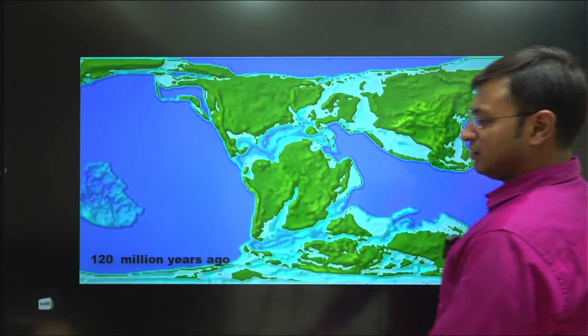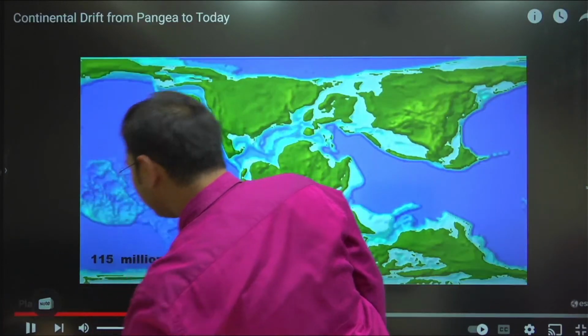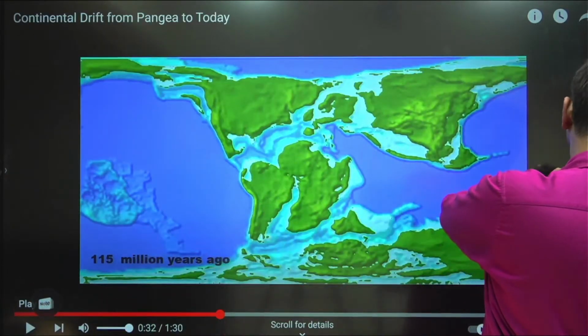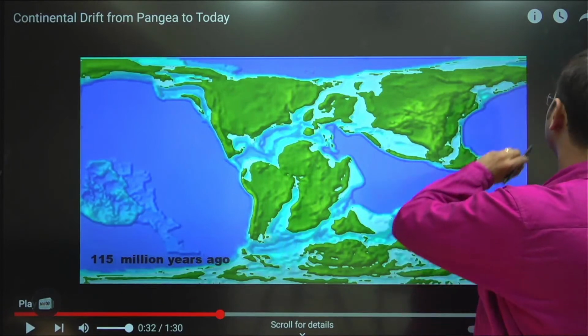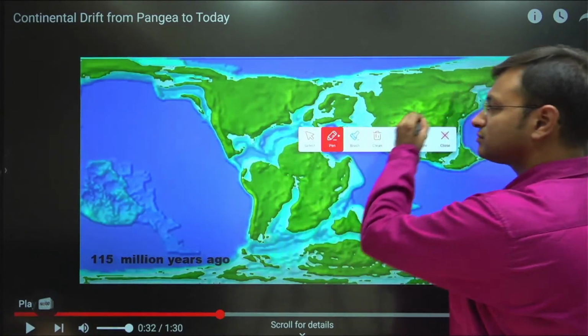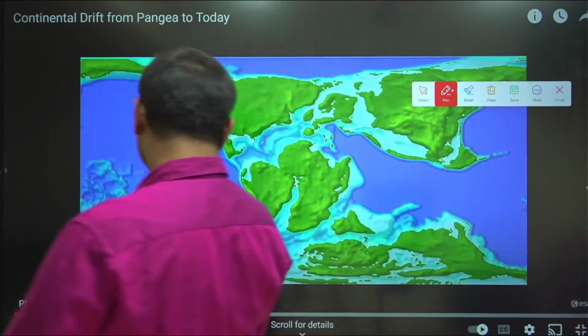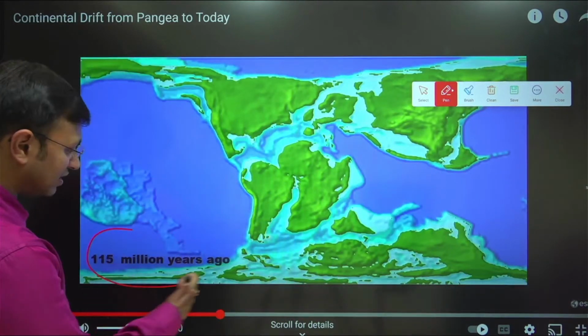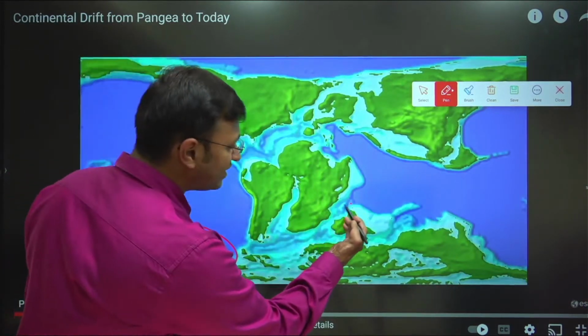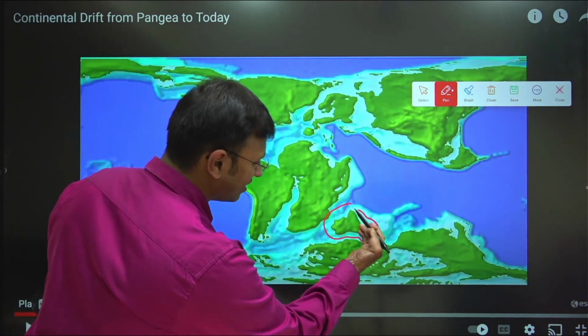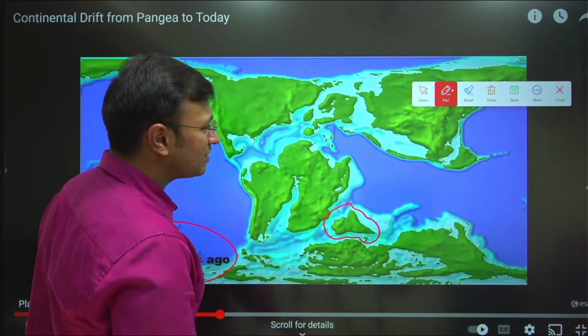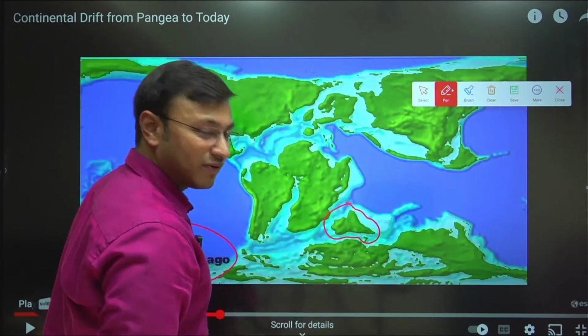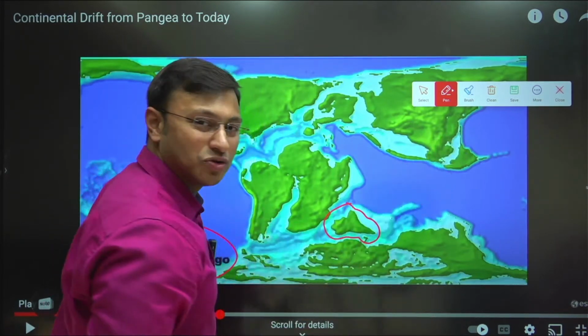So roughly 115 to 120 million years ago, India has finally broken apart from the southern Gondwanaland. India has started its northward journey.